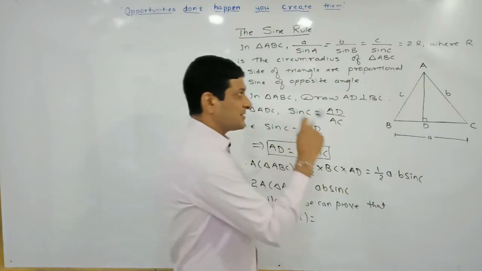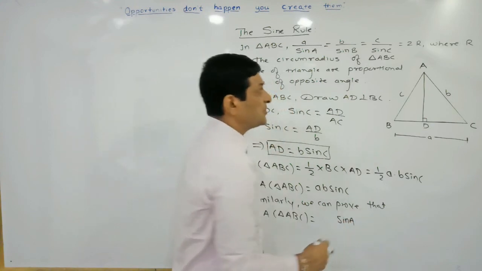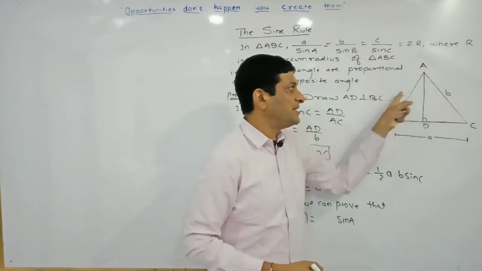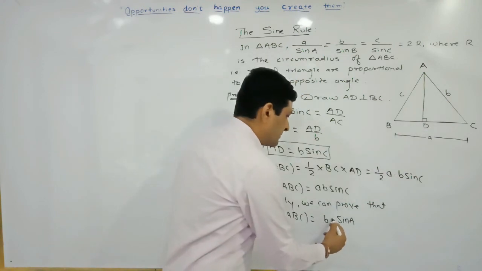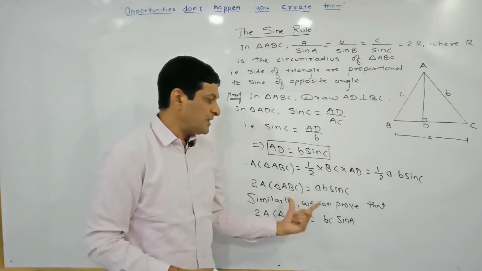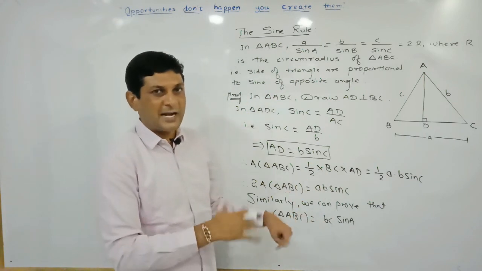If we are considering angle A, meaning sin A, this angle A is included in which two sides? B and C. So here we will get bc. Whatever method we used to prove one result, the same method is applicable to prove this result. That's why we are writing similarly.